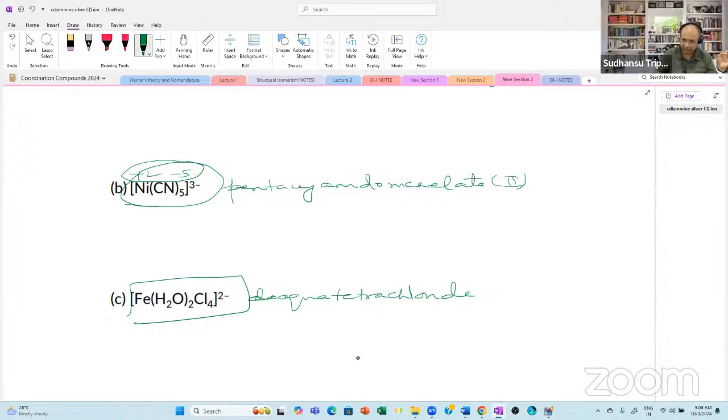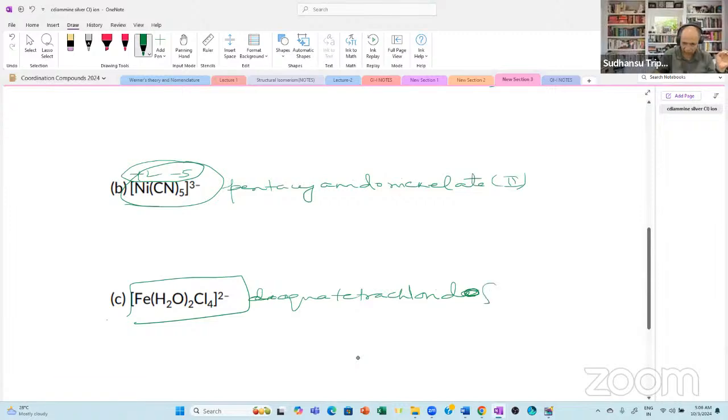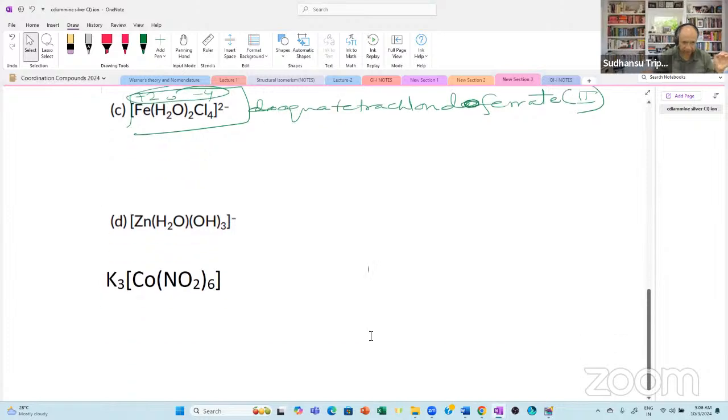So tell me again. Diaqua tetrachlorido ferrate 2 ion. Chlorido ferrate, because it is a negative ion. Ferrate, and this is 0, this is -4. Only when iron is +2, the net charge will be -2. Ferrate 2 ion.